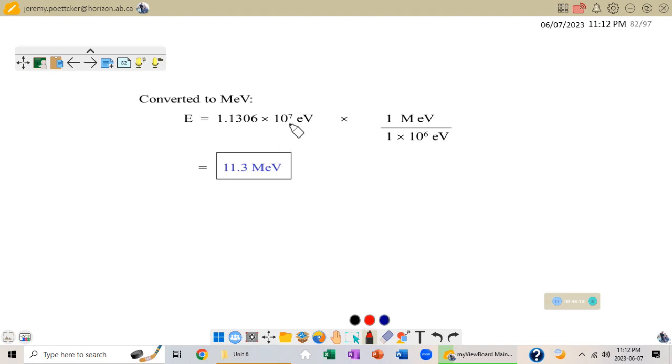This is times 10 to the 7, and if I want to change that into mega electron volts, I divide by 10 to the 6th, and it's 11.3 mega electron volts, which I can deal with. I can kind of imagine 11.3 of something. This is just an arbitrarily large number, so this makes life easier for me to figure out.